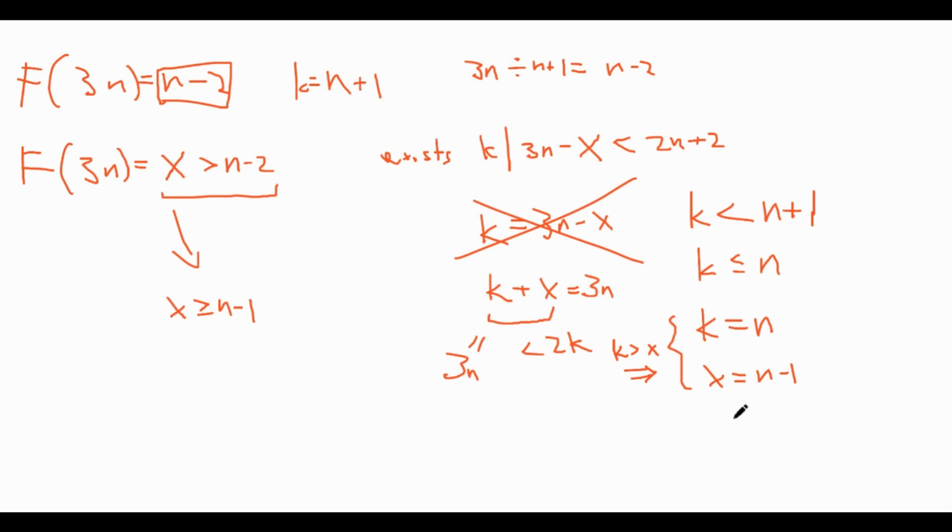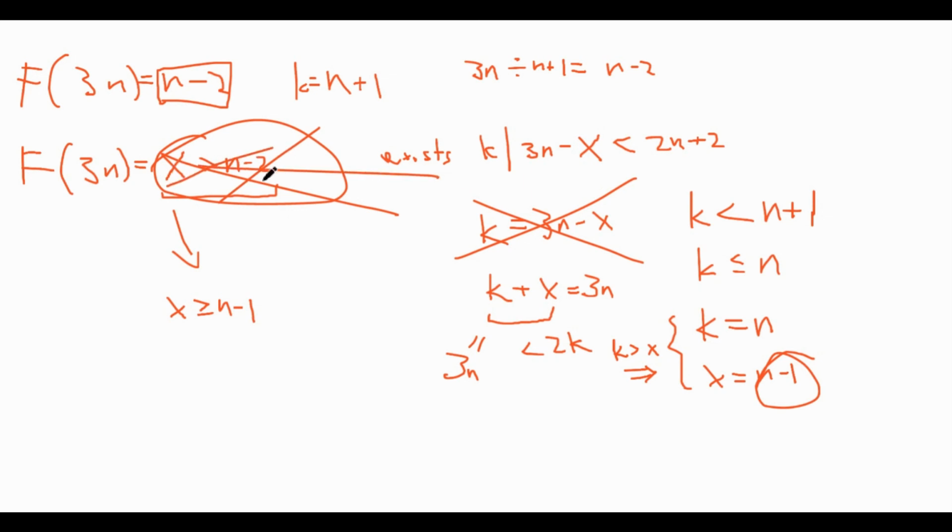So now we have reached a desired contradiction, because if k is equal to n, then when we divide 3n by k, we get a remainder of 0, which is clearly not equal to n minus 1. So therefore, we have reached a contradiction here, and our assumption that there exists an x that is greater than n minus 2, such that there exists a k between 1 and 3n over 2 that satisfies this, is all wrong.